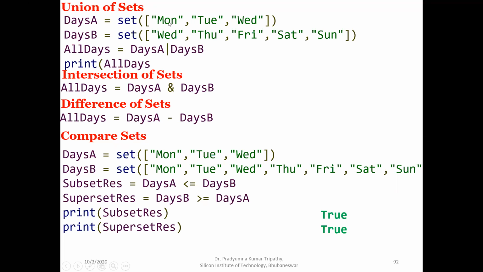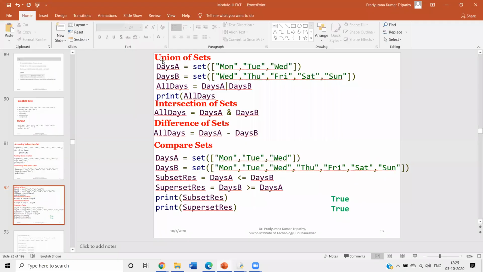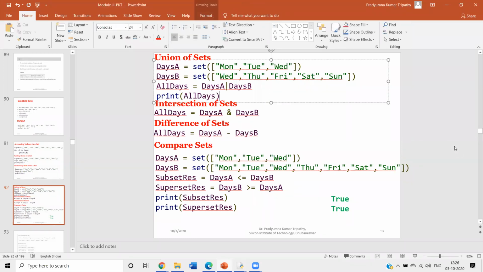Suppose this is my set A and this is set B. Days A and days B are two sets. I use a union operator, right? I use a union operator over here. What is that? The OR operator. I use the OR operator over here.